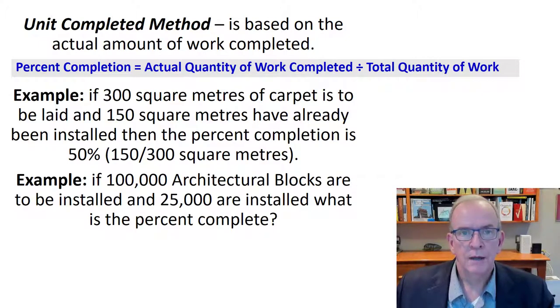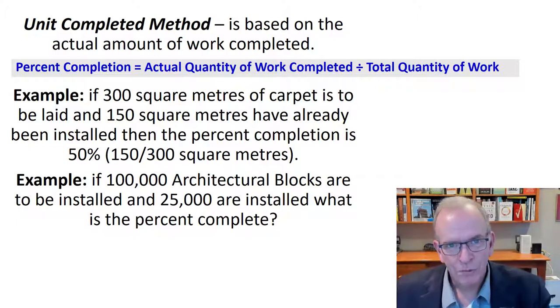So if the carpeting was supposed to be $100,000 and it's supposed to be, let's say, 10,000 square meters, and we put in 5,000, then you'd know you put in 50% of it, and you'd know you'd spent 50% of that cost, or at least that's how it would be calculated.